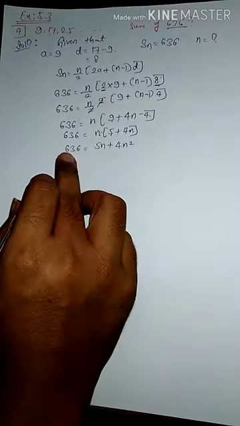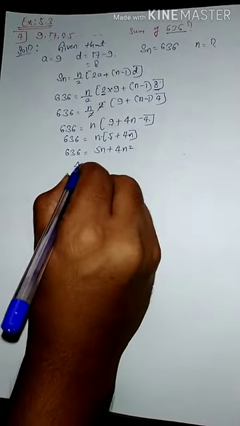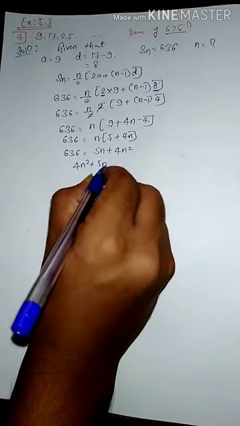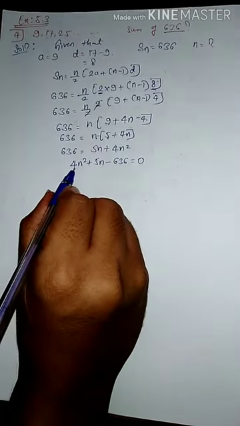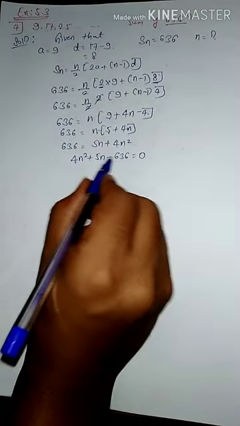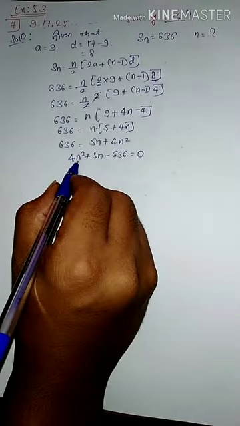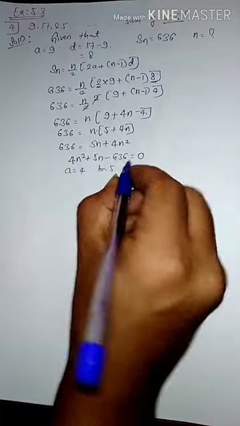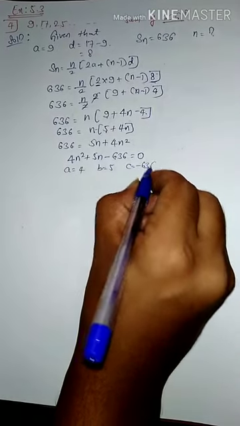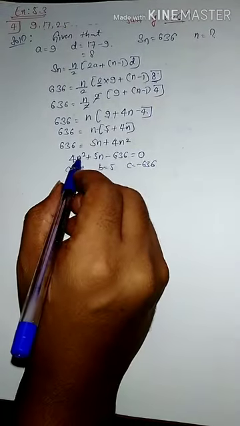Now transfer 636 to the right hand side. It becomes 4n square plus 5n minus 636 is equal to 0. See here, the equation is in the form of ax square plus bx plus c is equal to 0, therefore it is a quadratic equation. Here a is 4, b is 5, and c is minus 636. Using the factorization method we have to find the factors.